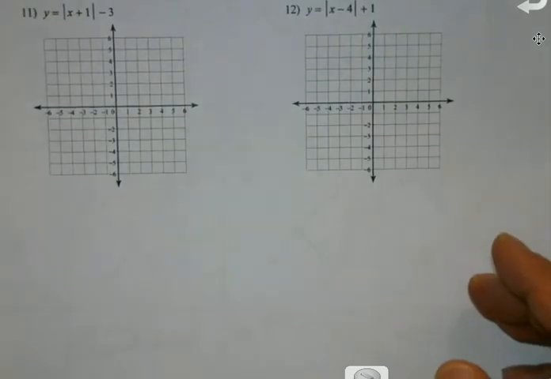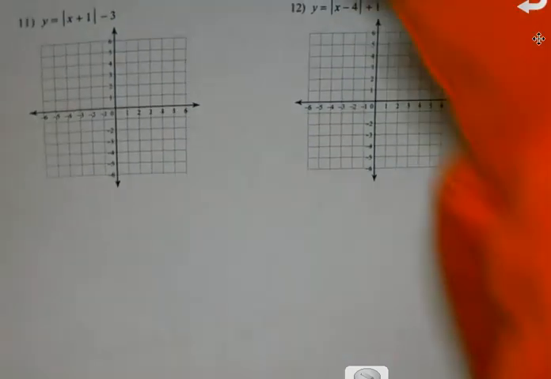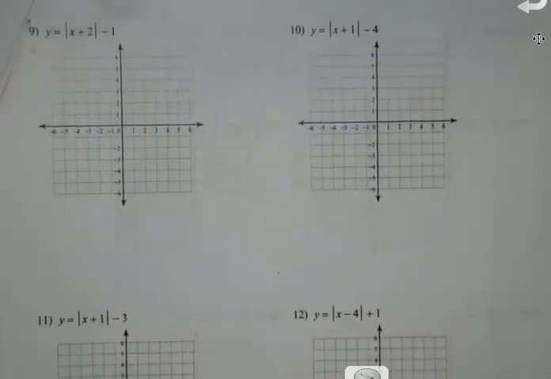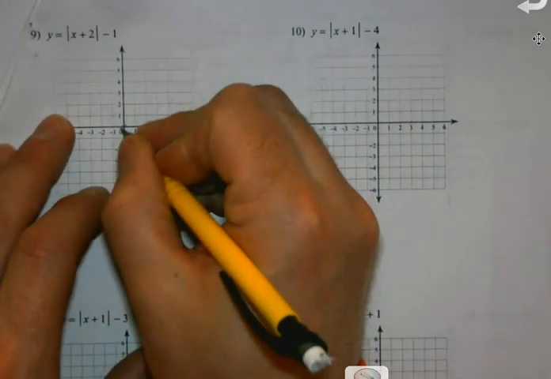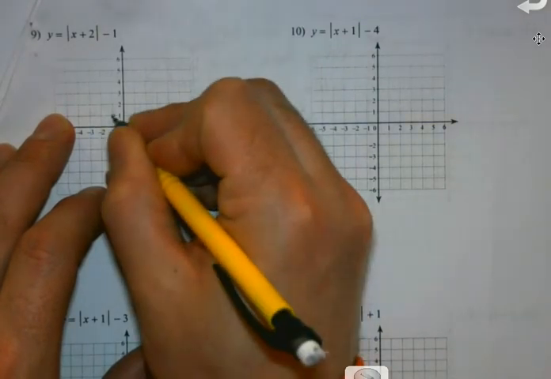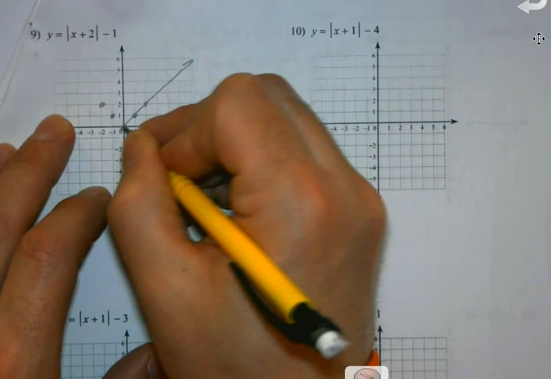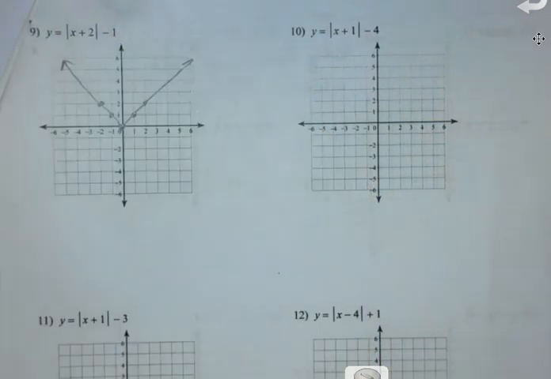Let's get some multiple stuff going here. Let's flip to the back page. All right, number 9. On number 9, I'm still going to start with my parent graph. 1, 1s, 2, 2s. If you want to make more, you can. Now this time I got both things to do.